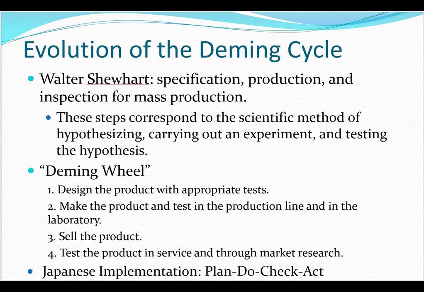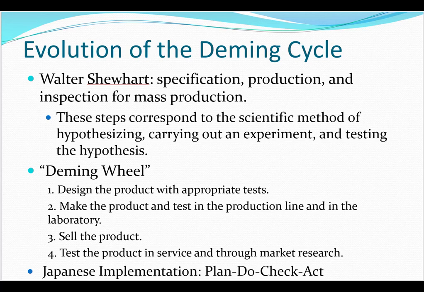Once you know that the product is what it should be, and it does what it's supposed to do, then you sell the product, and then you'll continue to monitor through market research and all that to make sure that the customer is happy. So that's essentially the Deming wheel and the Deming cycle. Japanese changed it a little bit, and they called it Plan, Do, Check, Act instead of Plan, Do, Study, Act.